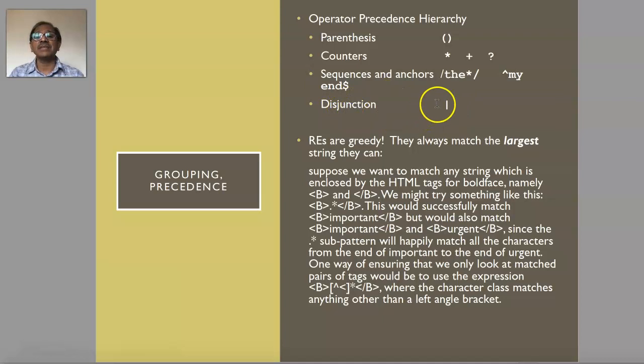Disjunction has to occur at the end because they work on strings, right? So that's how the operator precedence hierarchy applies. And remember, regular expressions are greedy. So they always try to match with the largest string they can. They do not match with small strings. They always match with the large ones.